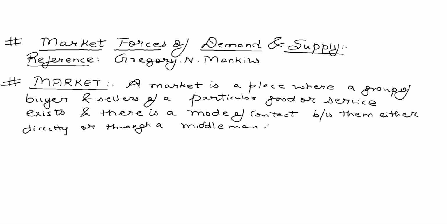All of us know these days we buy products through Amazon, we buy products through Myntra. There are a lot of online shopping websites, even those are markets. So students should not think of market as any physical place. Any junction where the buyers and sellers are interacting with each other is called a market. Buyers represent the demand for a product, sellers represent the supply for the same product. So I hope that is clear to all students.